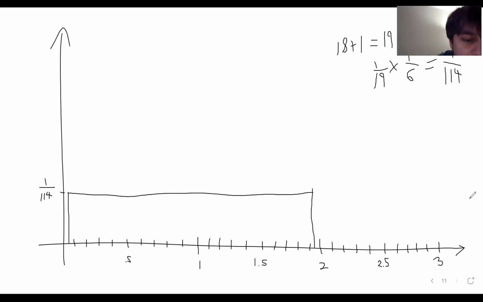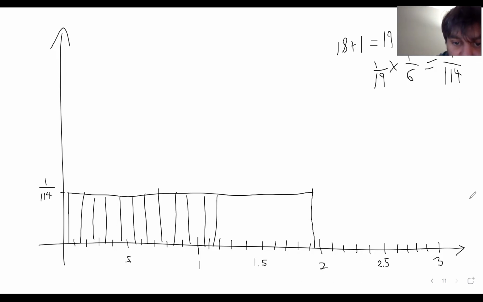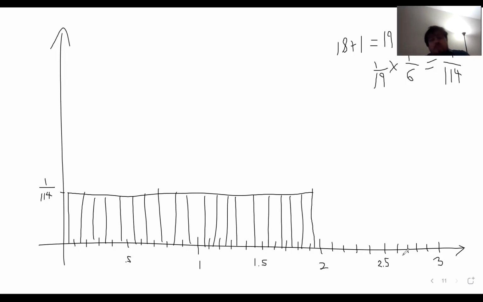Okay, and so now the bar for this amount, this one, this one, this one, this one. So you're not calculating 30 different values here. There's a few and they're repeated many times. Okay, so now the height of each bar at 0.1, 0.2, 0.3 rounded to the nearest tenth is 1/114.